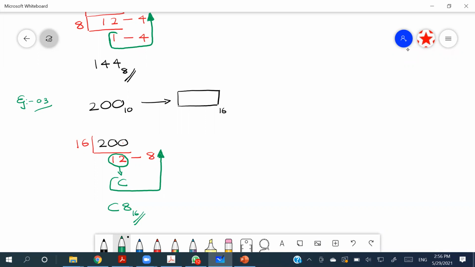Right, so I'll write the question right over here. Convert the followings into decimal.